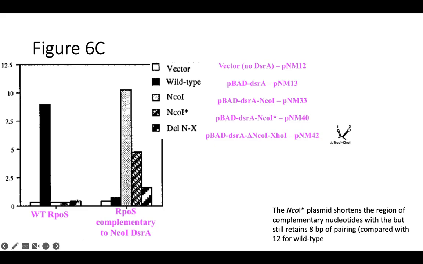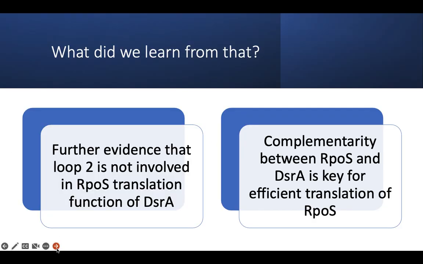Now, just to speculate, again, this is my speculation, I believe the reason why this bar is so much taller than this bar is that we're using a modified rpoS. It's probably a lot easier to open back up. In other words, it's not binding to itself very tightly. That is my theory.